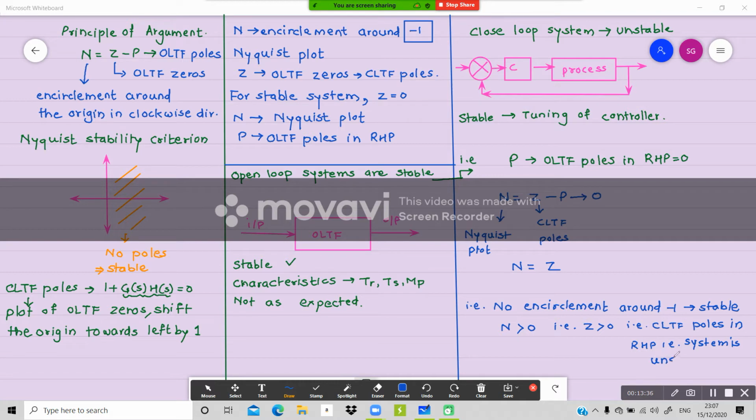You will find that you never get encirclement less than 0. So N not equal to 0 means your system is unstable. Okay? So I'll save this first and we'll start with the numericals now.